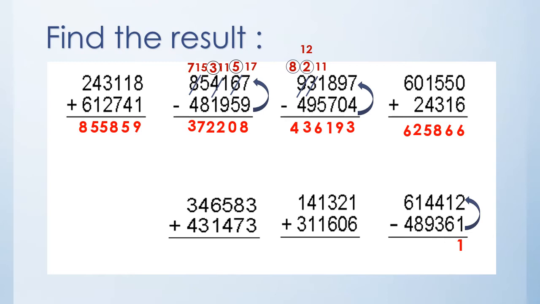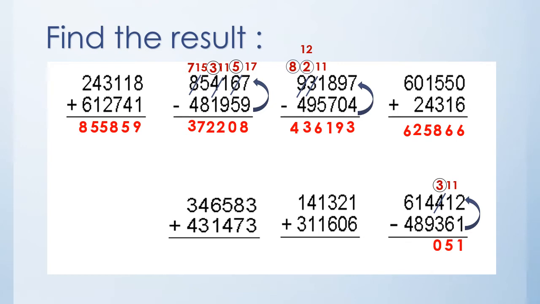No, can't be. Borrow 1 from 4. 4 will be 3 and 1 will be 11. Now I can count from 6 to reach 11. Then count after 6, 7, 8, 9, 10, 11. I have 5 fingers. And 3 minus 3 equals 0.